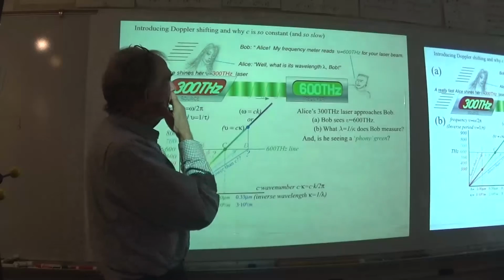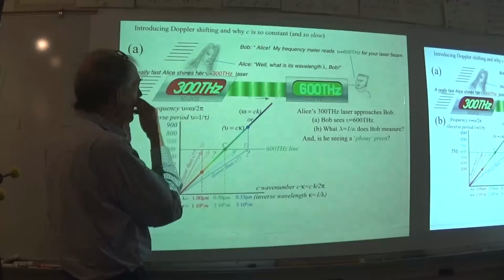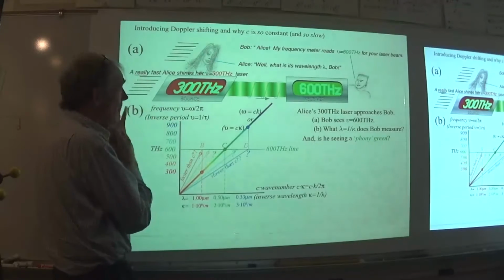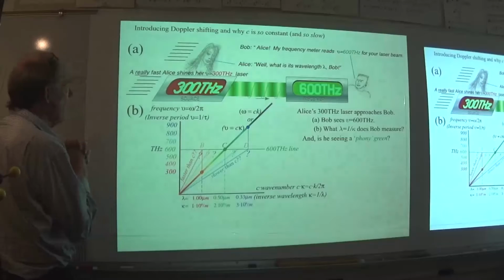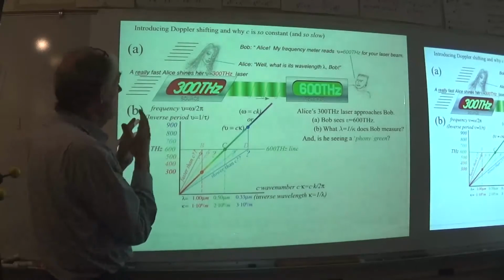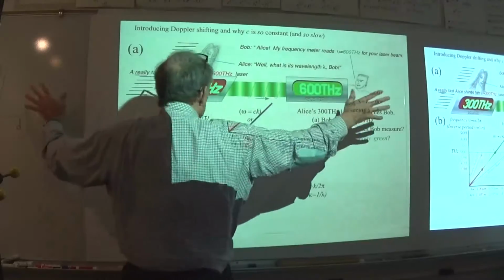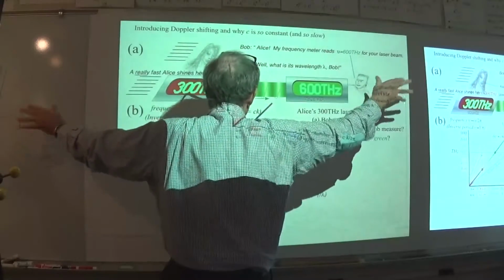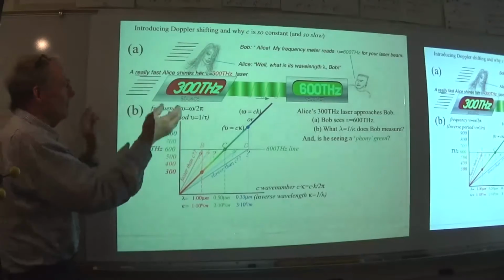So what we got here is Alice has got a hold of a source, an infrared source. 300 terahertz is right sort of smack in the infrared, and she is moving really fast. You have to imagine this graph is hundreds of parsecs even. I mean, there's a huge distance between them, so they don't run into each other.